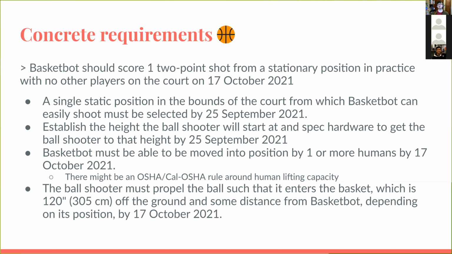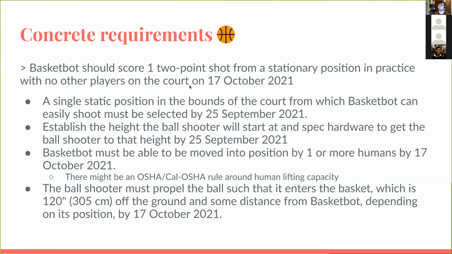Specificity is key. When you're writing these, you need to be more specific than you think you need to. Leave no room for doubt. But yeah, you'll see we've set a pretty early due date, 25 September, which is 1 week from today. But that's because a lot of things will depend on what position we're shooting from.